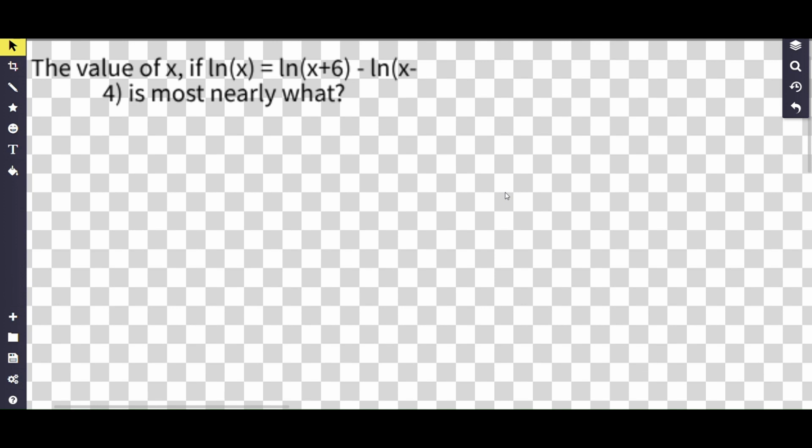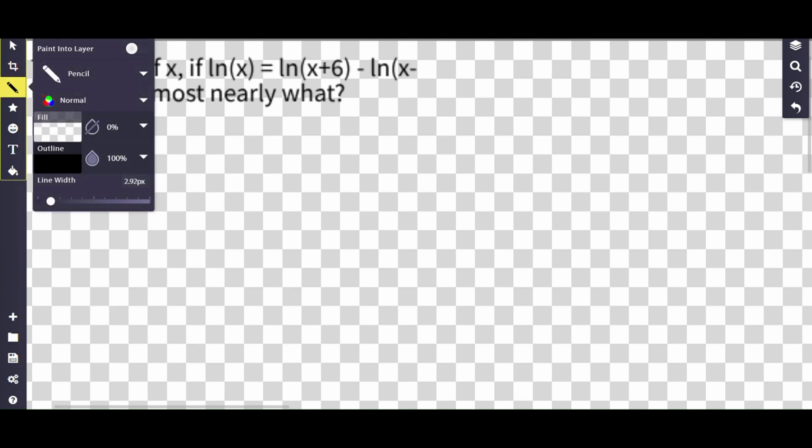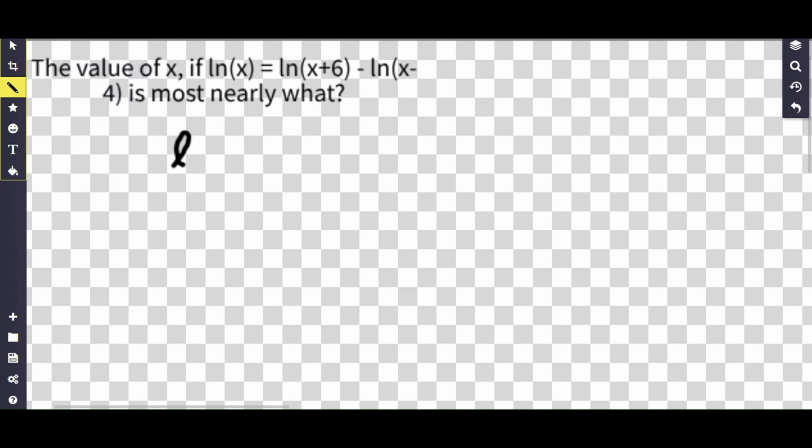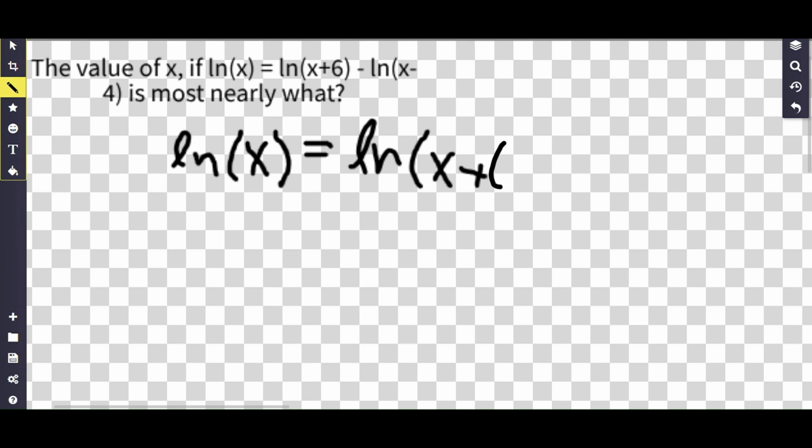For us, we have to first write out the problem, so the best way to do this is to just jump right in. The natural log of x equals the natural log of (x plus 6) minus the natural log of (x minus 4).